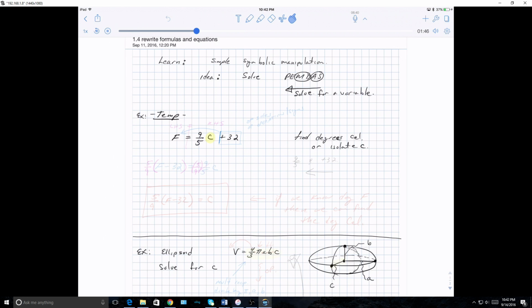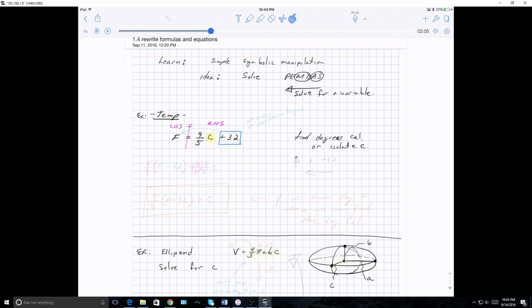Now, what's on the same side, and what we mean by sides again, just as a little reminder, this would be the left-hand side equaling the right-hand side. So what's on the right-hand side that we need to get rid of?